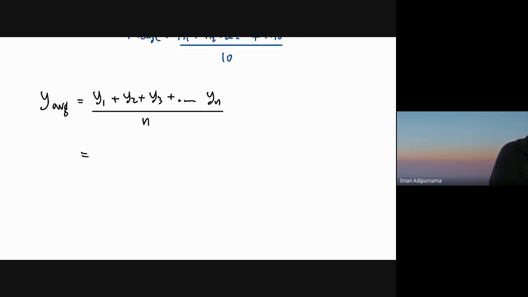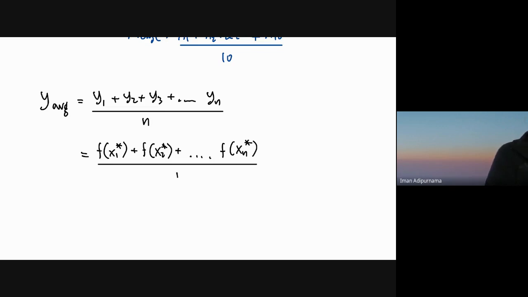And if we change this into y equals f of x, we take sample points x1, x2, and add until some n, and we divide this by n. This will also be our average.